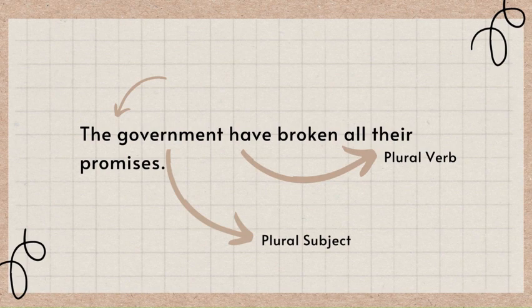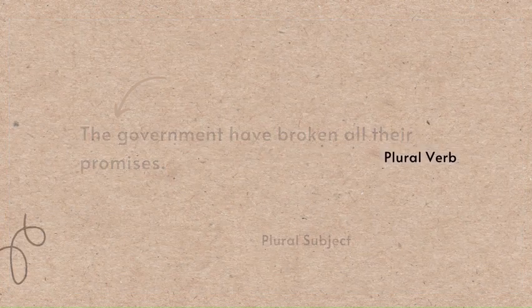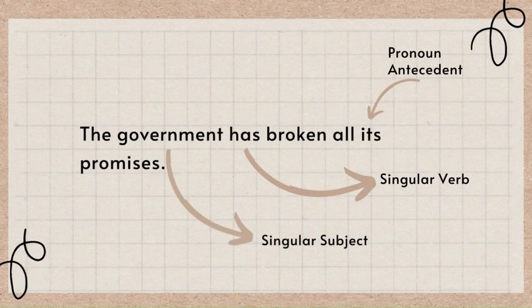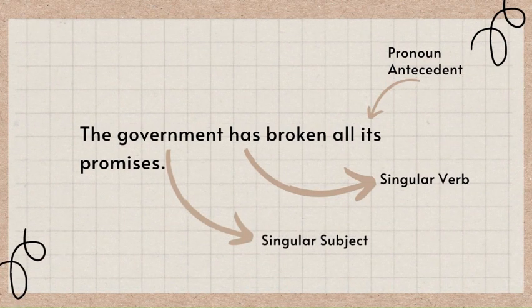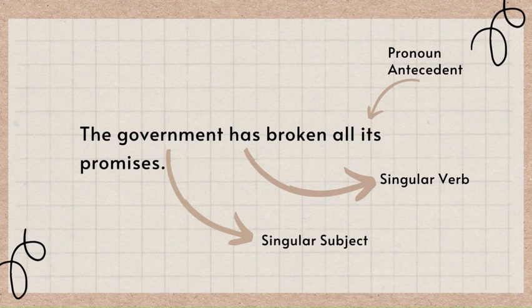Okay, so we must take note of something important here. The first example, the government has broken all its promises. When we use the verb has, you realize that the pronoun there is it, meaning the government was used as a singular unit.